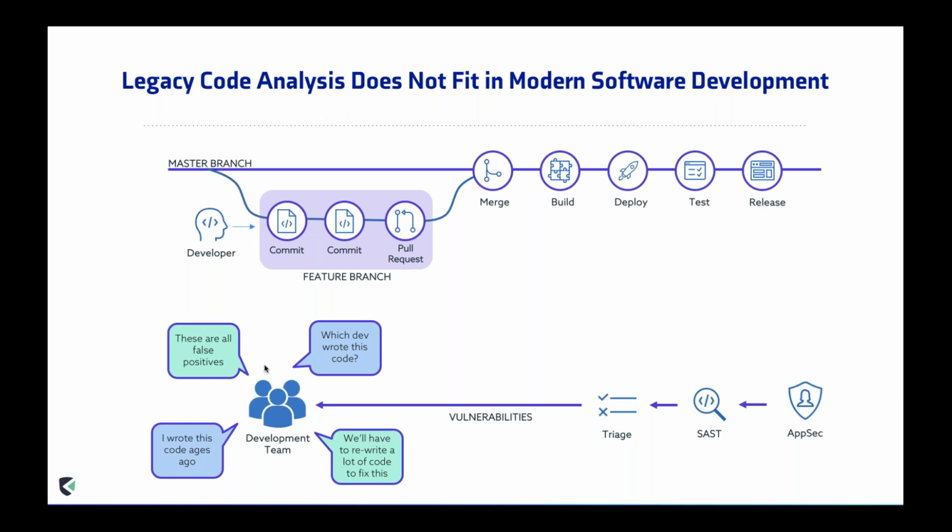But in addition to that, because it's not connected into the SDLC, and because we know that people are running these scans on average far after they've released the actual code, two things can happen. One, the developer has to do a massive context switch. That code is not fresh in their mind anymore, and so fixing it becomes a little bit harder.